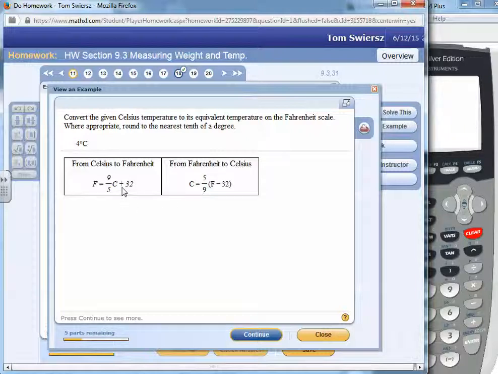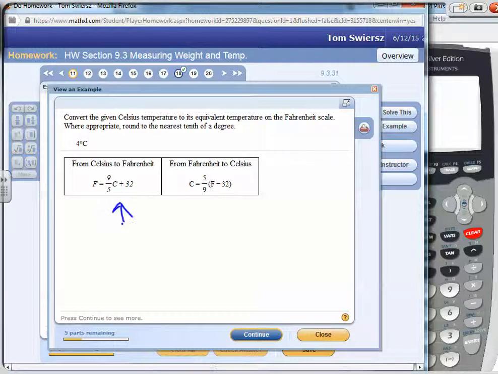When we have Celsius, we substitute in the Celsius temperature for C and solve for F. When we have the Fahrenheit, put in the F value and calculate 5/9 in parentheses F minus 32. So those are the two formulas.